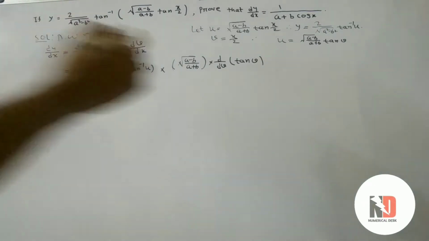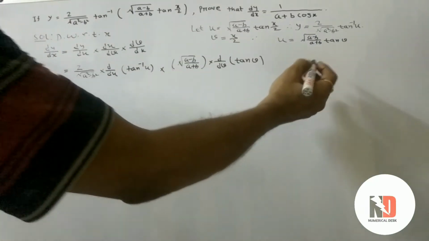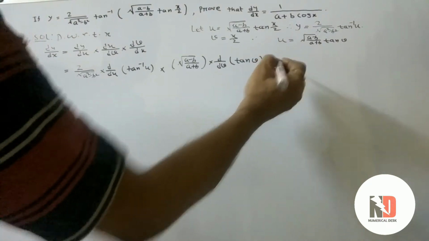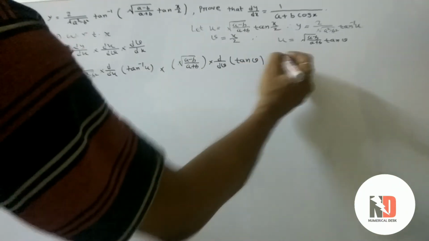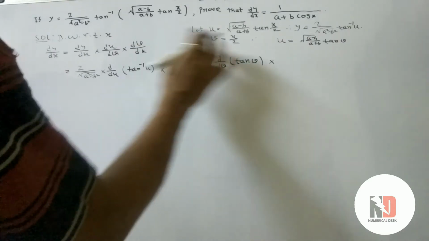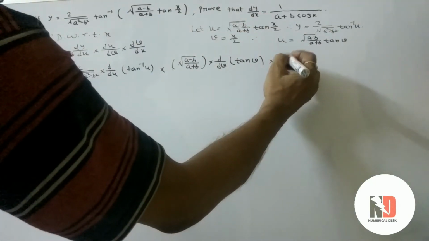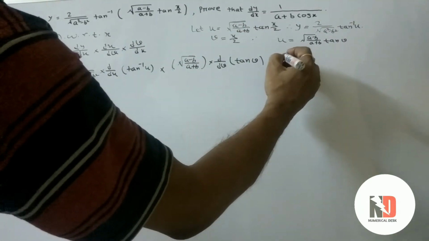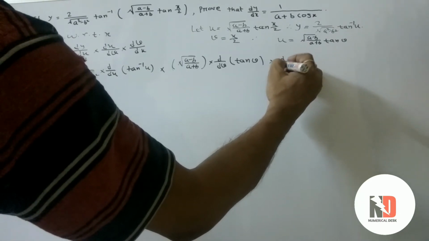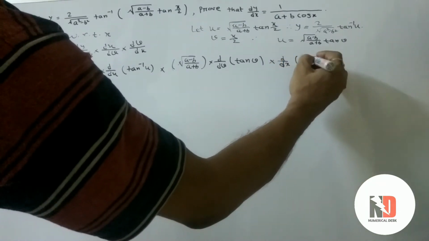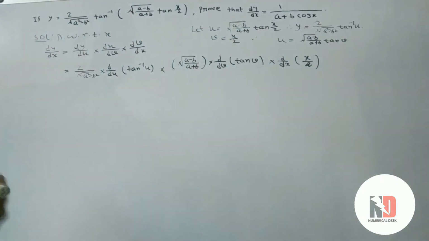So you all have followed these sums, because again v is expressed in terms of x, so we have to get the differentiation of this part also. So what we substitute, we have to get the differentiation of that part. This is the basic of the chain rule.